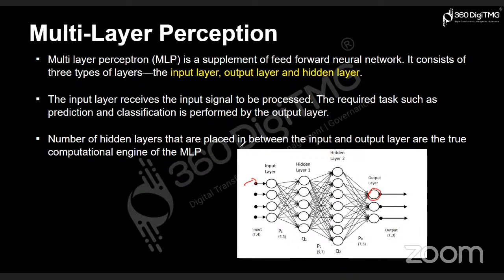Now, the number of hidden layers placed between the input and output decides the computational power. If more layers are placed, we can design a more complex neural network, modeled for complex models.